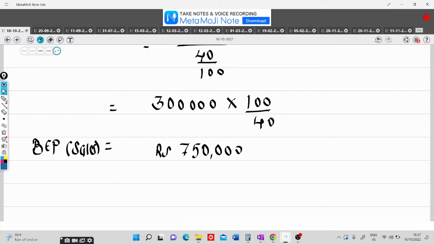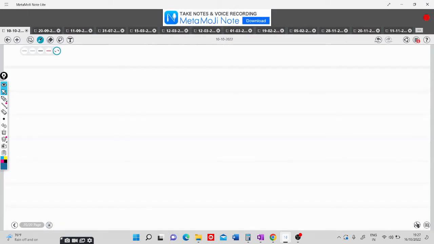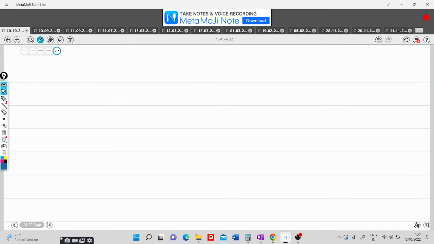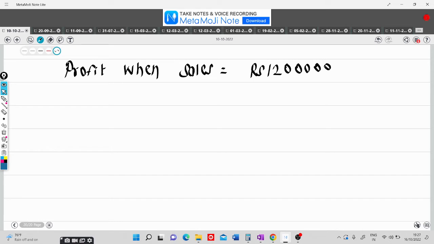Let's calculate that. Here our target of sales is 12 lakhs. So what profit is earned? To calculate this, we will again use the formula for PV ratio.